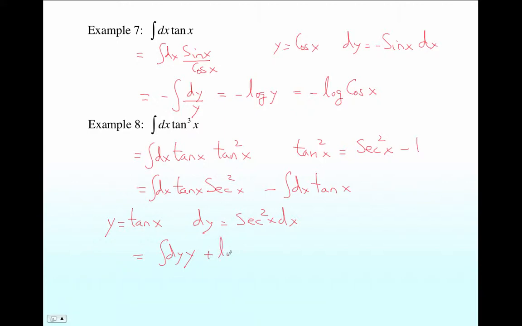So plus log of cosine of x. The first integral then goes to half y squared. Y is tan x, and so we arrive at our final result, half tan squared x plus log of cos x.